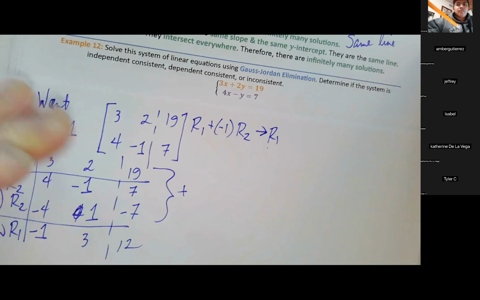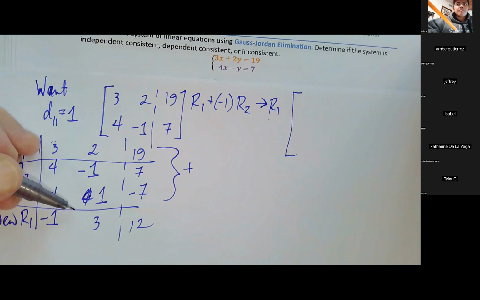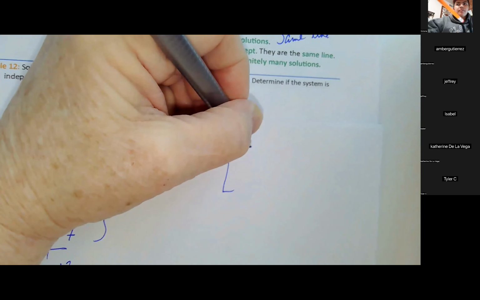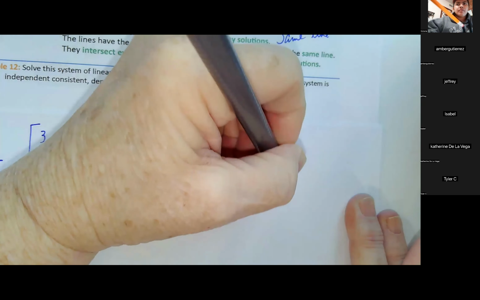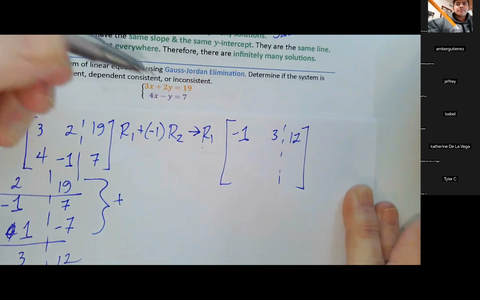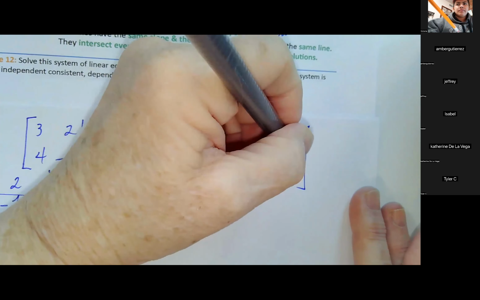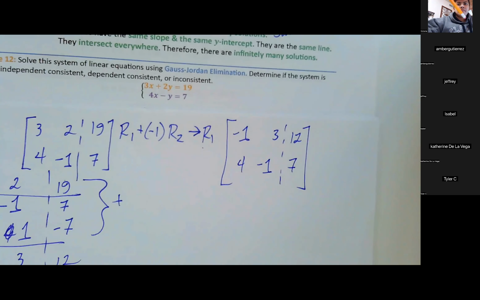Excellent. So that's going to give us row 1 of -1, 3, 12. We still have 4, -1, 7 for row 2.